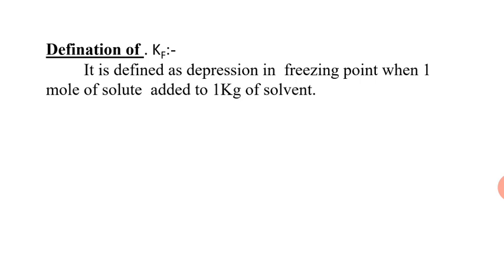So we get a depression when we add the solute into the pure solvent. How much solute do we have to add? When we add 1 mole of solute into 1 kg of solvent, then we get KF, that is the depression in freezing point. So by formula, KF is equal to R T0F square upon LF into 1000.